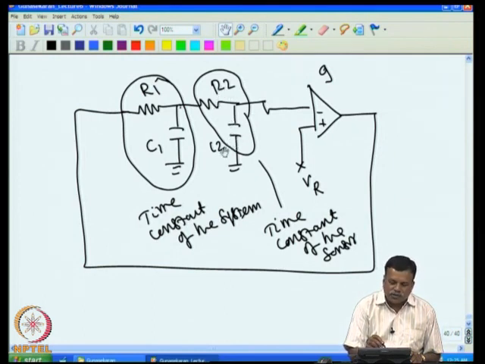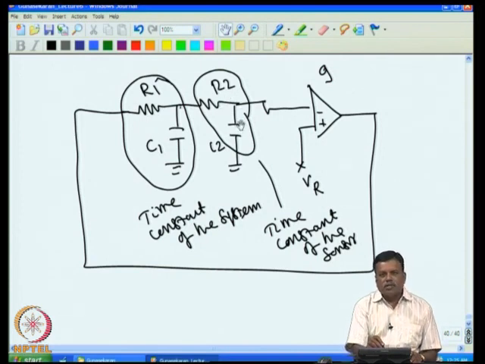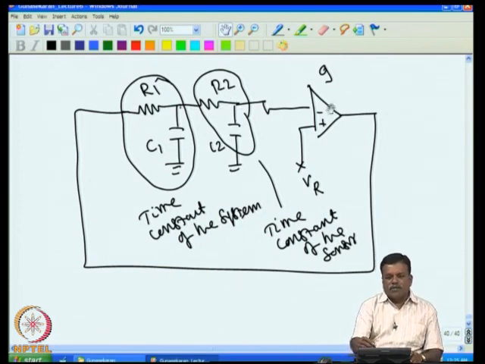Then the total phase shift introduced by these two will be equal to 180 degrees. And this controller is already having 180 degrees phase shift. That means at some frequency it is possible to have a total phase shift of 360 degrees, because 90 plus 90 plus 180 gives a phase shift of 360 degrees.